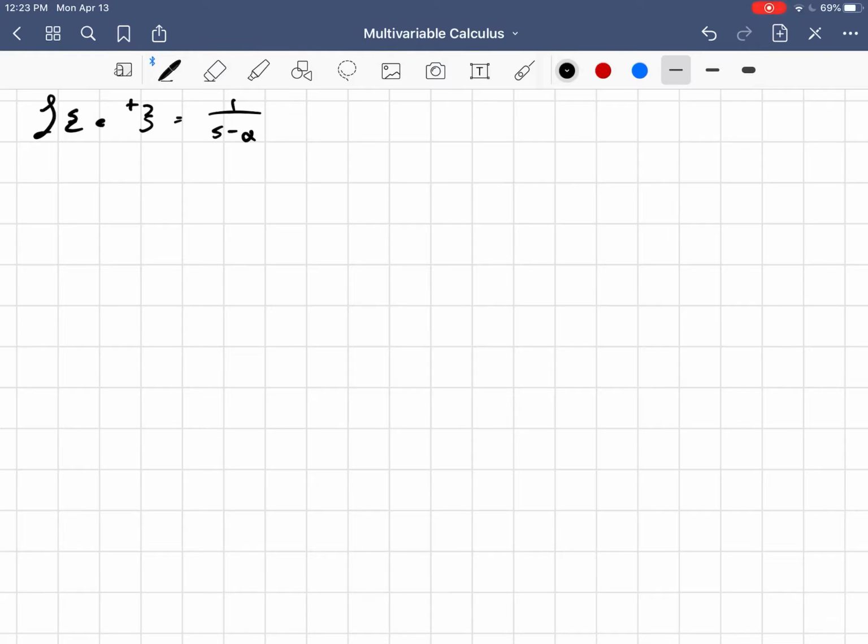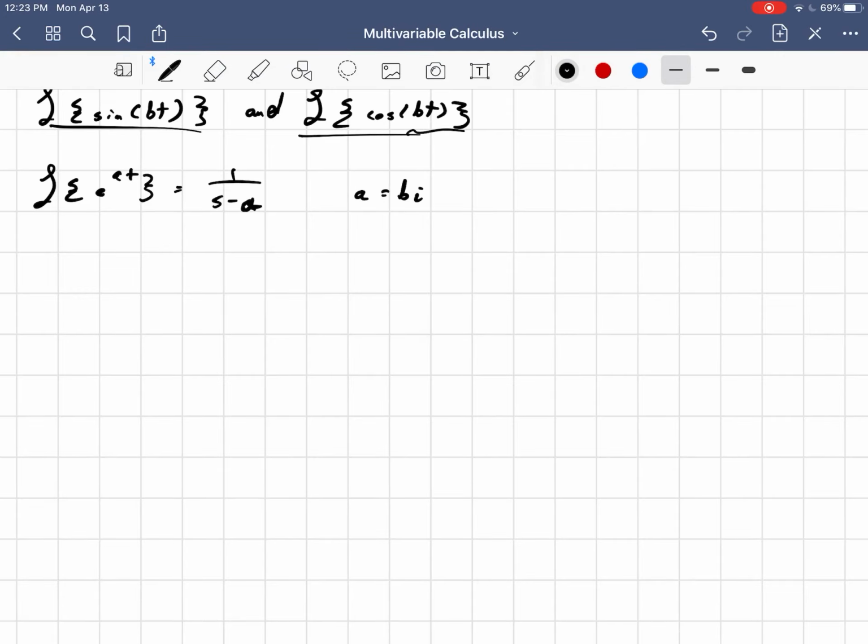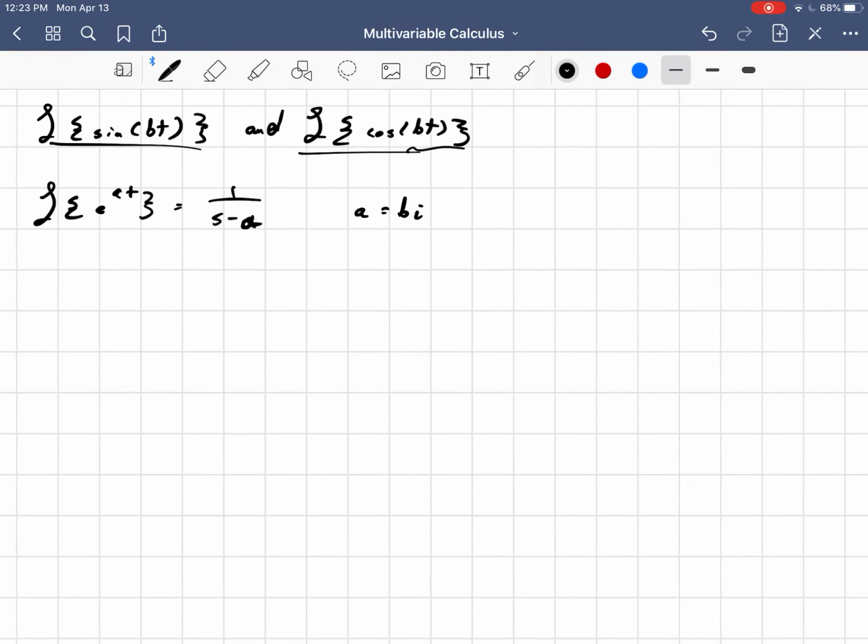Actually, my bad. I don't need to, this will derive something else. Let me keep it as an a. And if instead I just let a be equal to bi, the way I was going there, I would have got the Laplace transform of e to the at times the sine of bt.